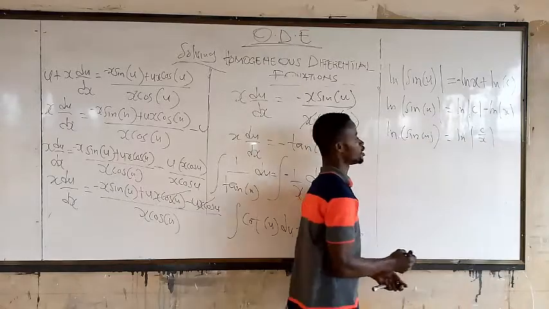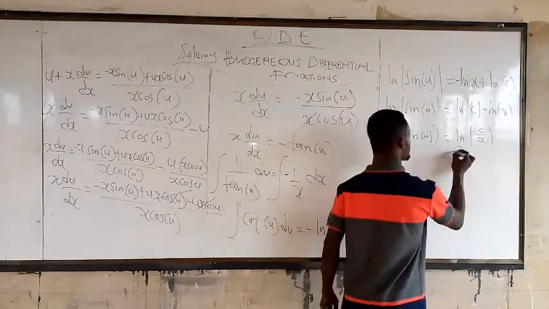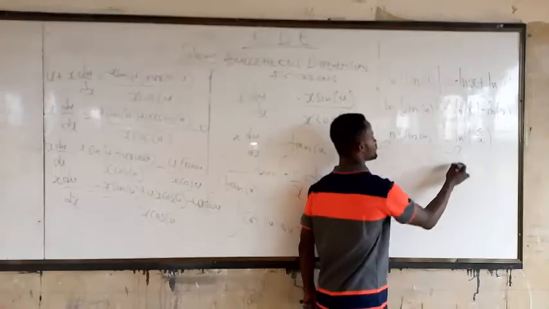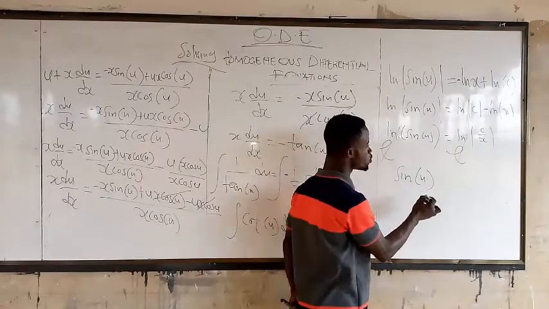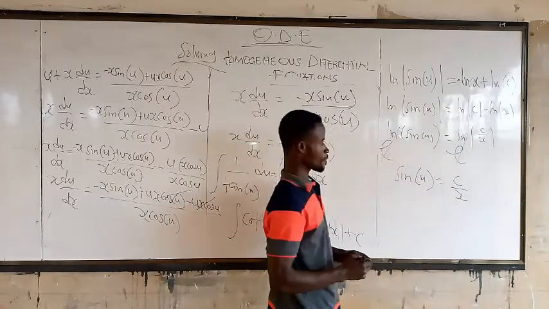Very good. Now we can apply our natural logarithm, e on both sides, clear of this. Very good. So we get sine u is equal to c over x.